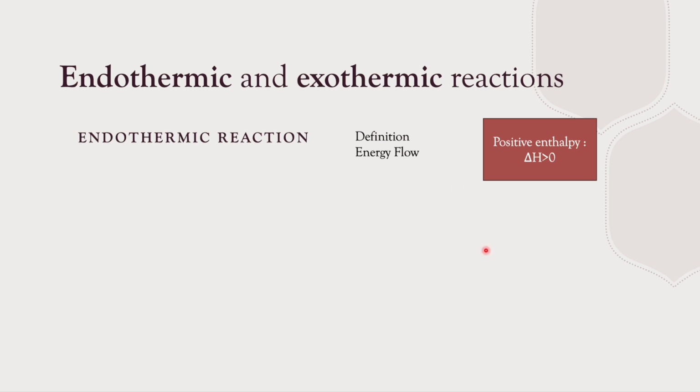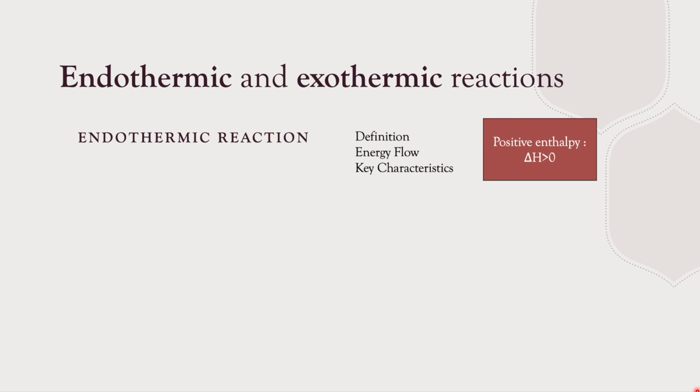So, the key characteristics are that heat is absorbed from the surrounding, the temperature of the surrounding decreases, and we have positive enthalpy change, which means that the reaction requires energy input. Now, before we move on, let me just tell you what is enthalpy.